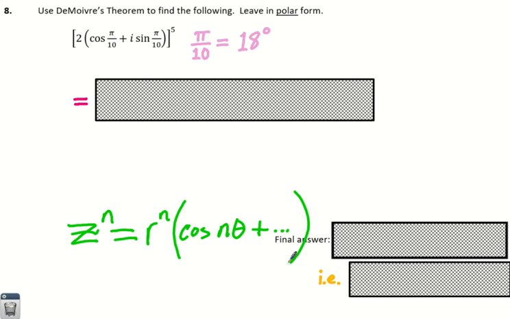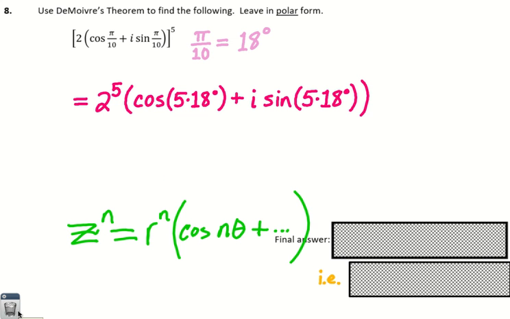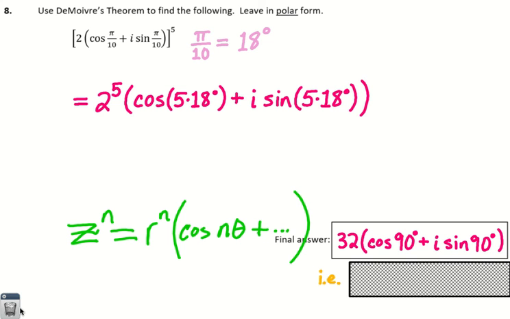All you have to do is plug in 5 for n, here, here, and here, and 18 degrees in for theta. And so you end up with that. So 2 to the 5th power is 32, and then 5 times 18 degrees is 90 degrees.